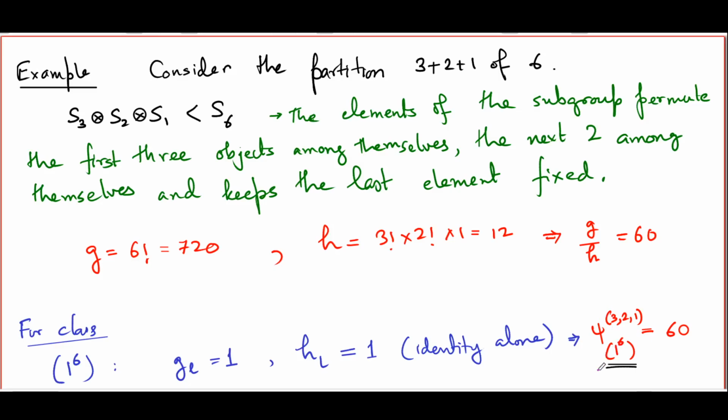Now let me point out something about the notation here. Of course, we had been using a notation earlier which had L, the class index, sitting here. Here I have just written down the actual cycle structure which tells you which class we are talking about. Now there has been a slight change in the notation as far as the superfix goes.